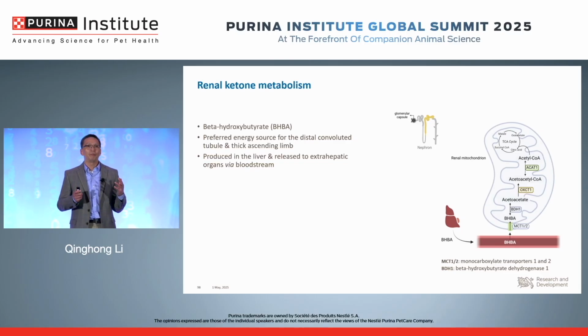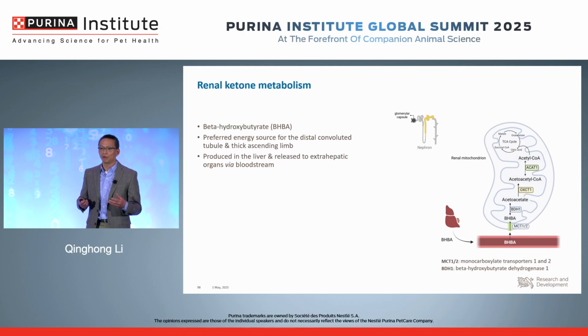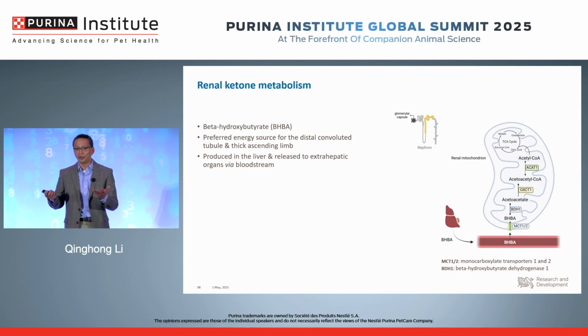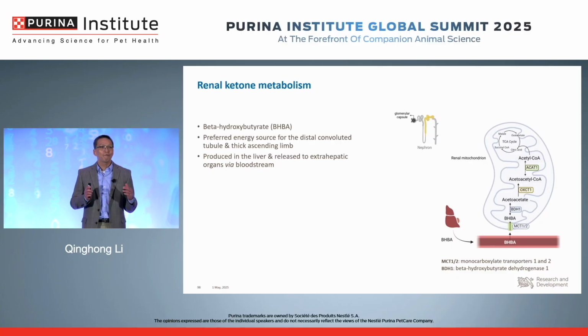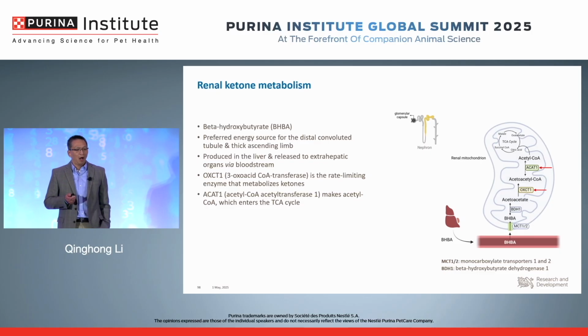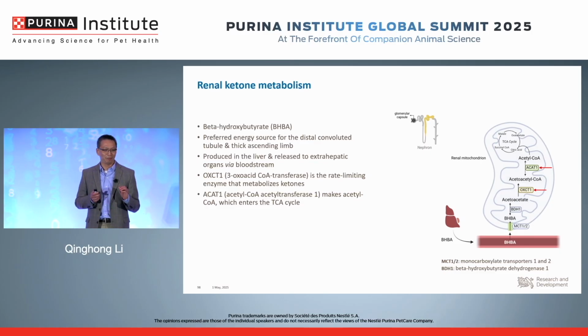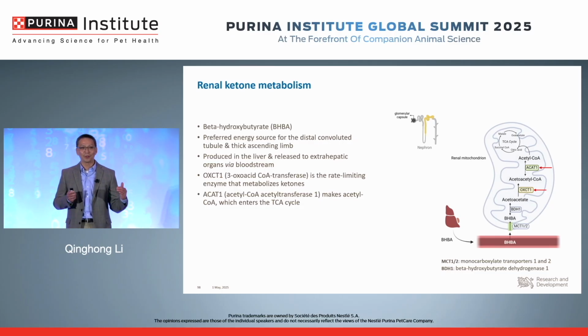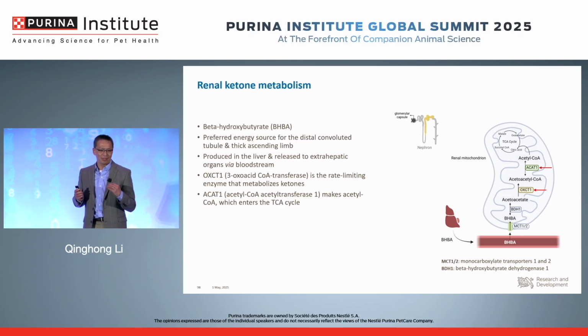Once inside the mitochondria, the ketones go through a few steps of transformation to become acetyl-CoA, which can enter the TCA cycle to produce energy. There are a few important enzymes, and we're going to show 3 here, that perform the ketone oxidation. OXCT1, this is an odd name, 3-oxoacid CoA transferase. If you don't remember that, that's okay. It is a rate-limiting enzyme.